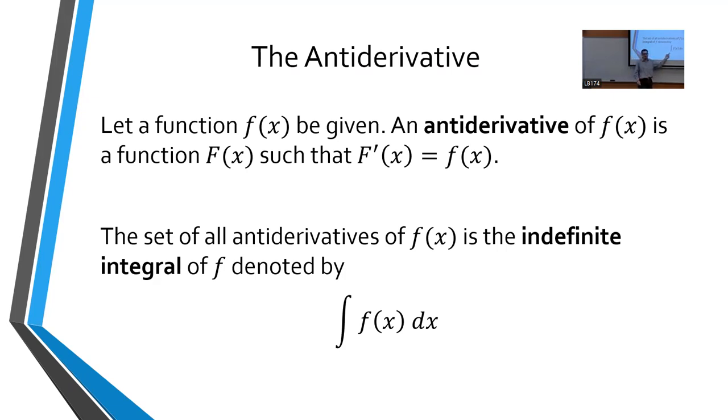This indefinite integral is asking for all of the antiderivatives. It's asking you to find the antiderivative with the plus c in. Okay, so your whole class of antiderivatives. So an antiderivative is a particular function that gives you the correct derivative. The indefinite integral is the class of all antiderivatives. So you do the plus c on that.